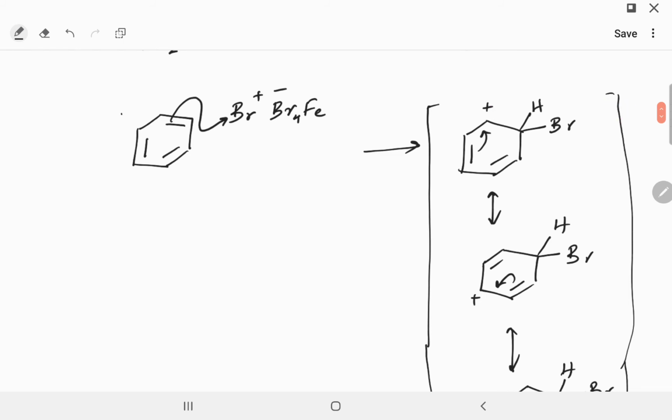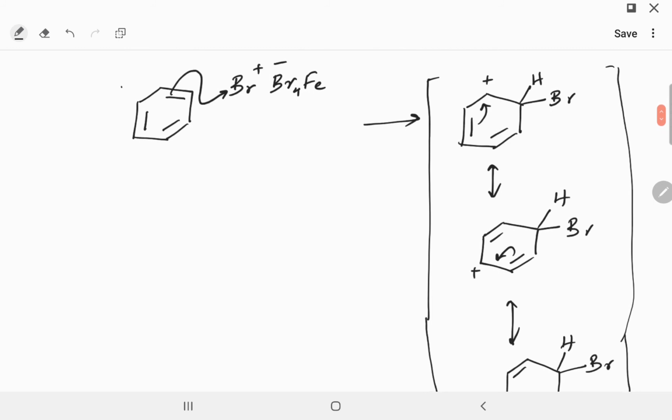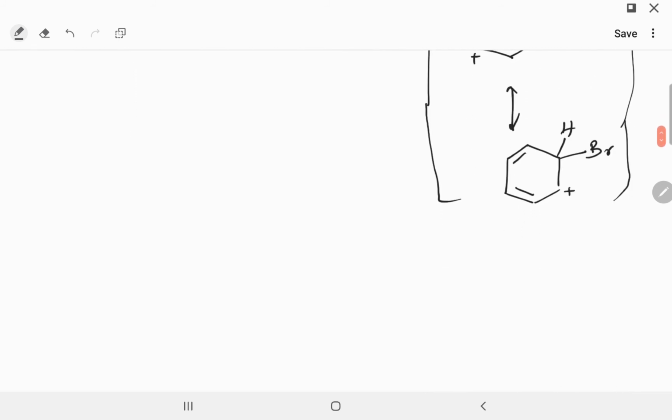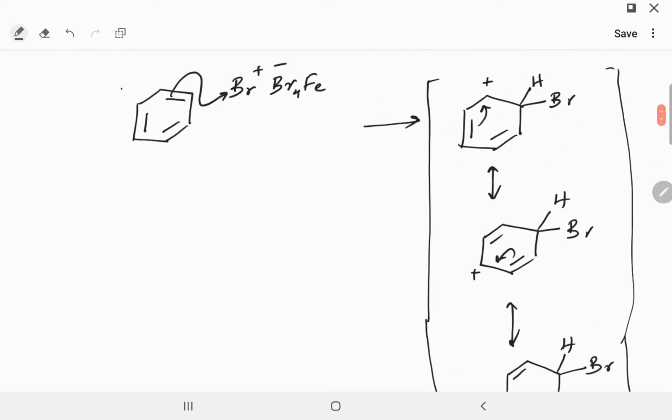What happens at the end is that you can use any one of these resonance structures, and then it will regain the aromaticity. Let's use the positive charge here. So I'm using the first resonance structure.